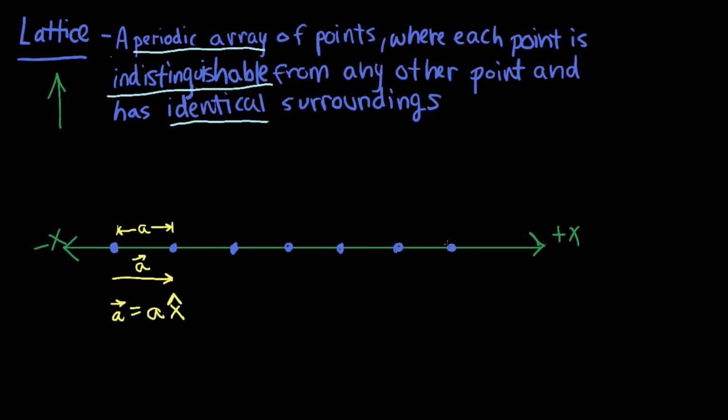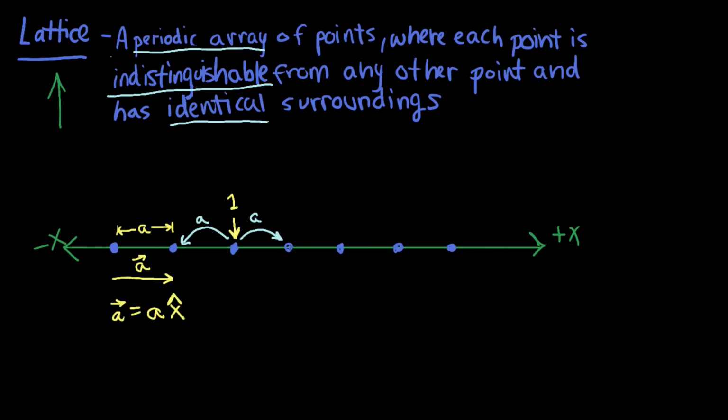I like to imagine this as if we were standing on a particular point. If we were standing on this point here, we'll call it point 1, and we looked to the right, we would see another point a away, and if we were to look to the left, we would see another point a away.